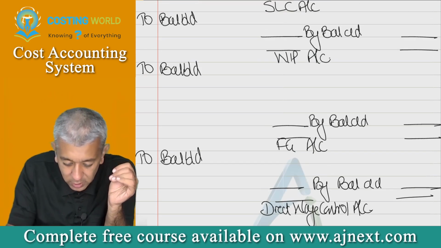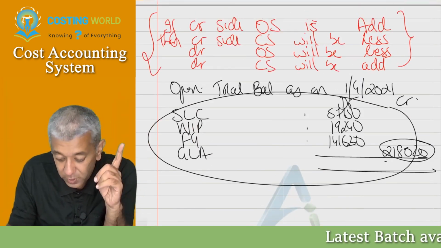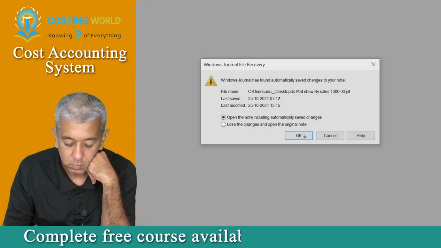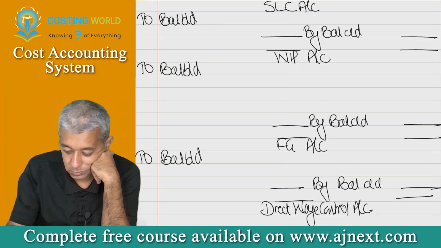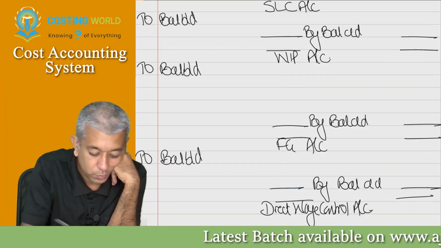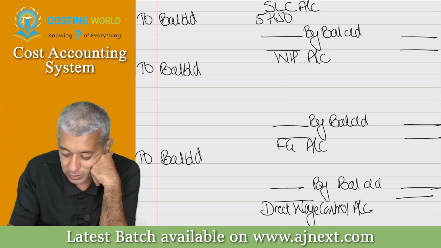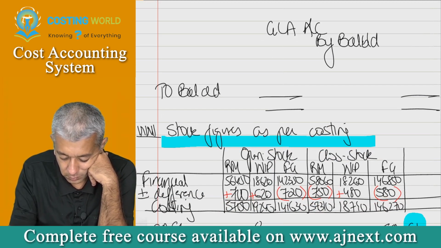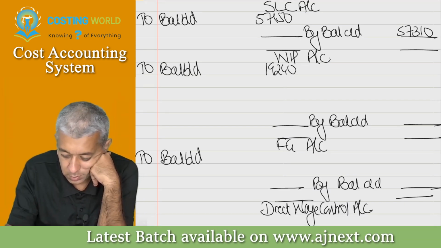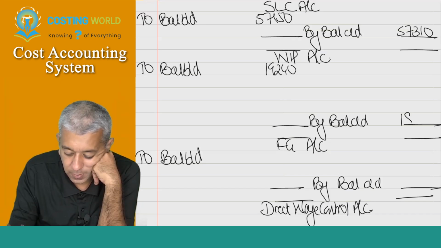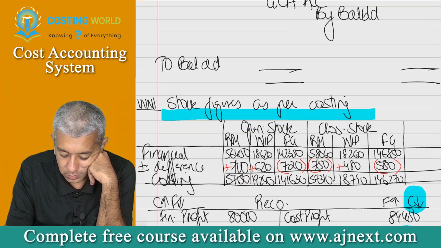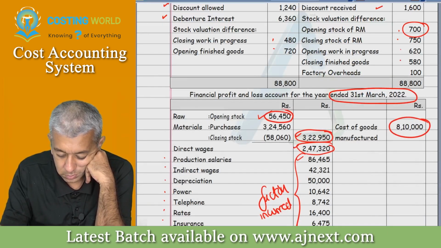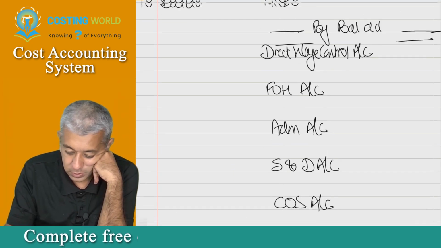So you all have made all your accounts in the last lecture only. Just start to be posting the things now, as per costing, please. 57,150, 57,310, 19,240, 18,740, 141,630, 146,270.